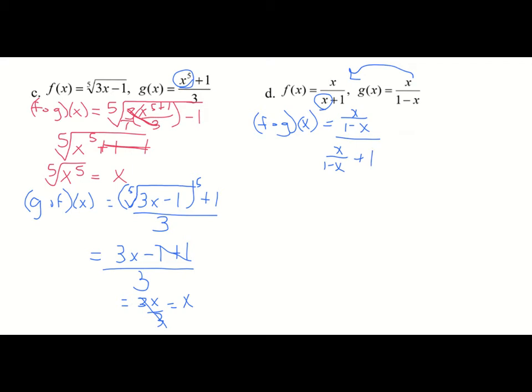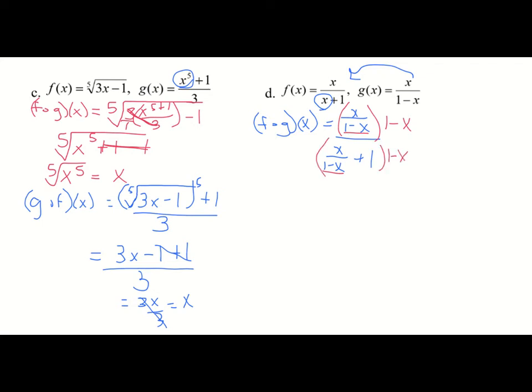Now, this is solving our complex fractions, which is something we did in previous courses. But again, like we did a couple slides earlier, I want to get rid of that denominator. So my denominator for both fractions that I have here and here is the same. I'm going to multiply everything by 1 minus x.